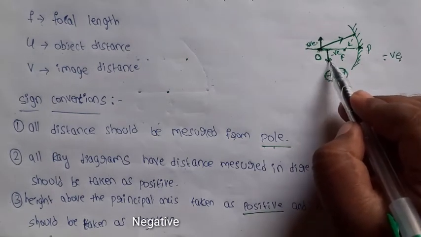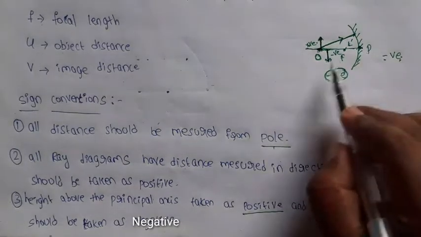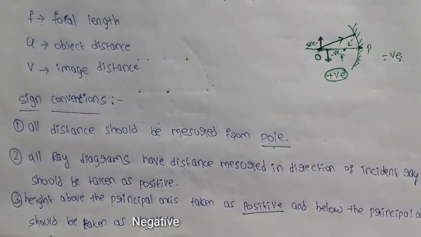If the height is measured below the principal axis, you take the negative. Height above the principal axis is positive and below the principal axis is negative. That is the third point.